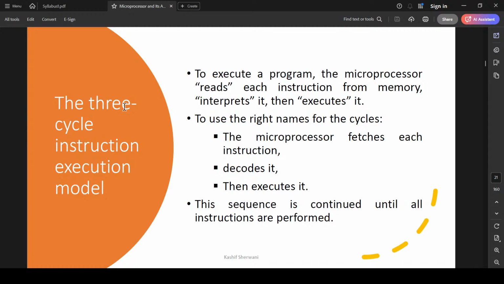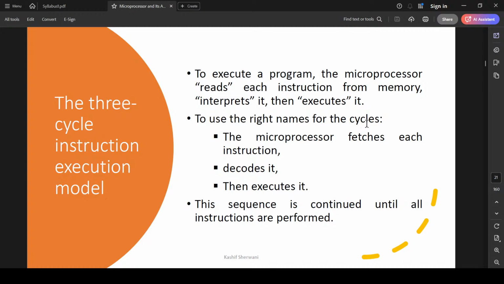First, it reads, interprets, and then executes. This reading is done from the memory. So the three cycle instruction execution model is just reading, interpreting, and executing.